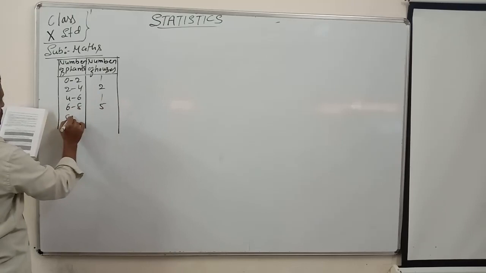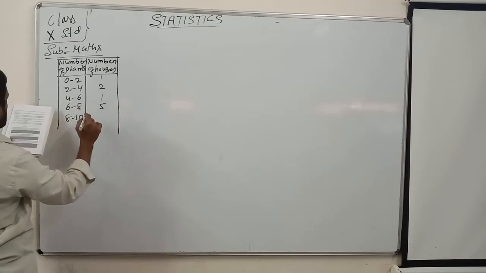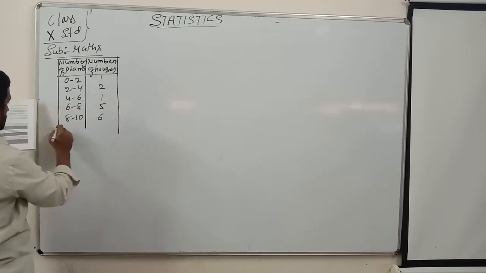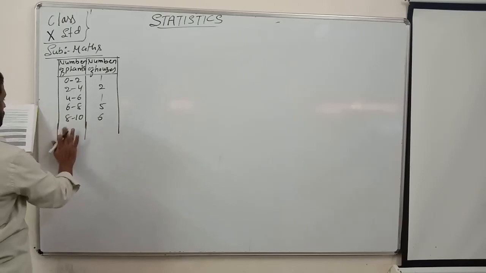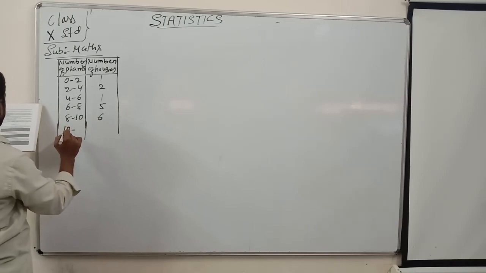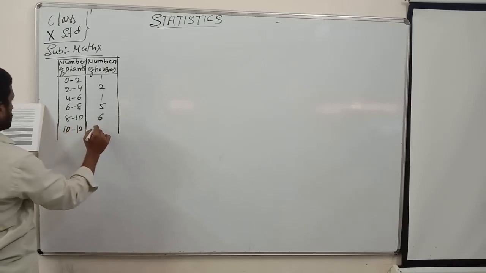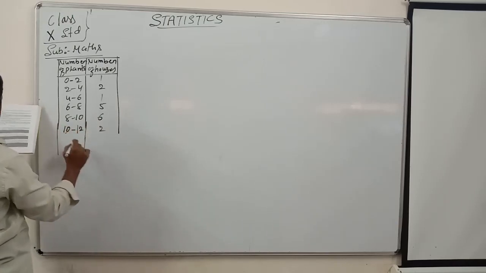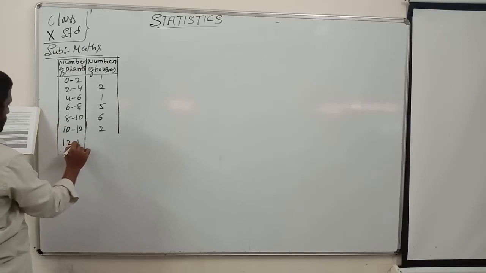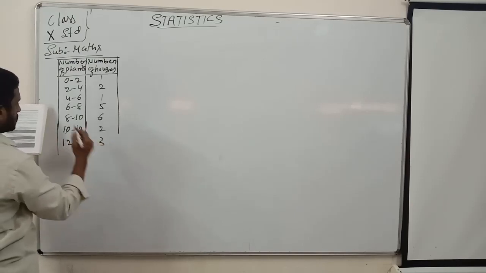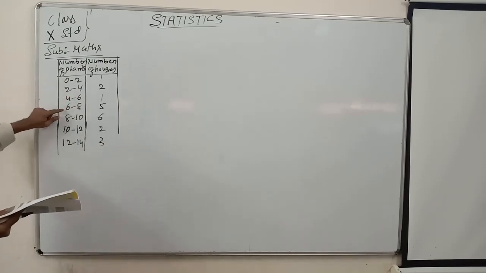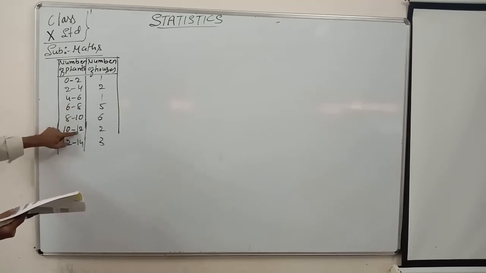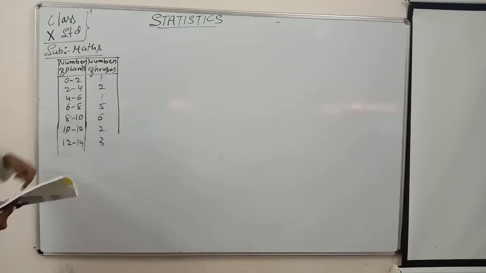Again 8 to 10: how many houses? 6 houses. Again 10 to 12: how many houses? 2. Again 12 to 14: how many houses? 3. So 0 to 2, 2 to 4, 4 to 6, 6 to 8, 8 to 10, 10 to 12, 12 to 14. These are the number of houses.